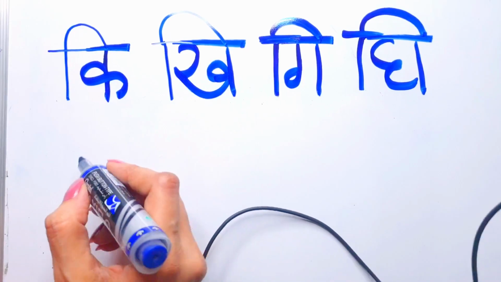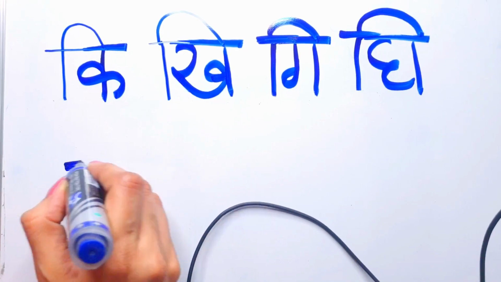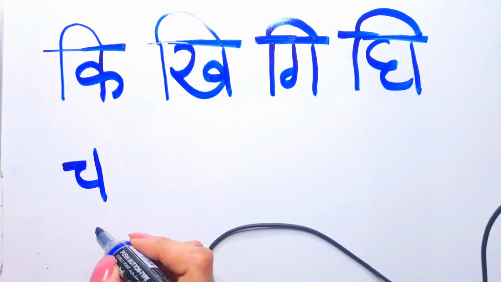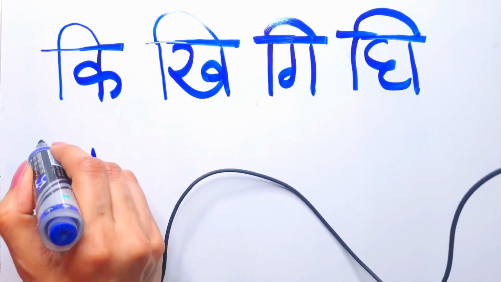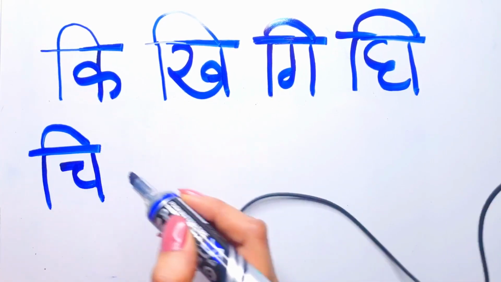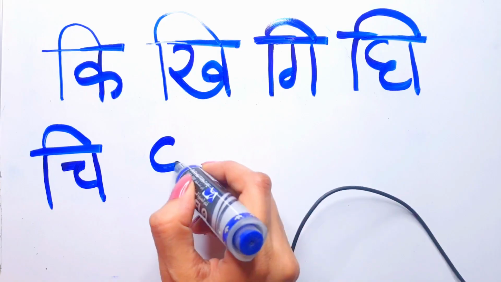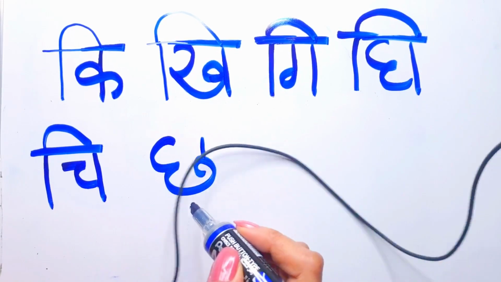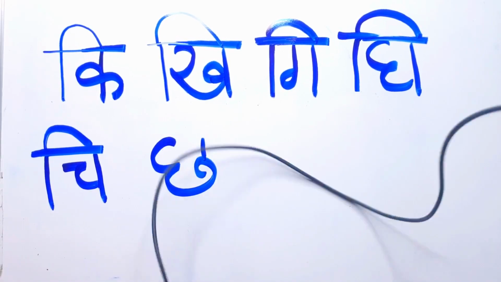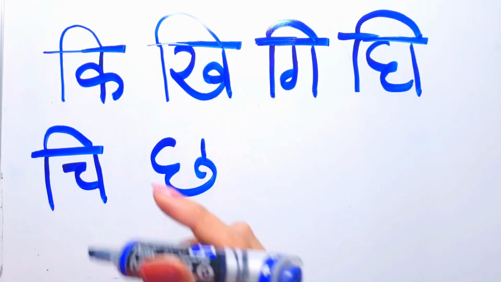Same way, if I write cha with the e ki matra, it will be chi. Sorry about this cable, it keeps coming in.